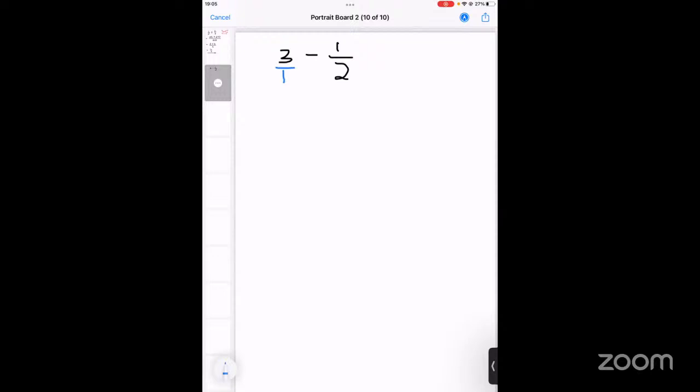When you divide it by 1, you did not change it, because anything divided by 1 remains exactly that. So now you just do what I did on the previous question, where you multiply the denominators and then cross multiply.